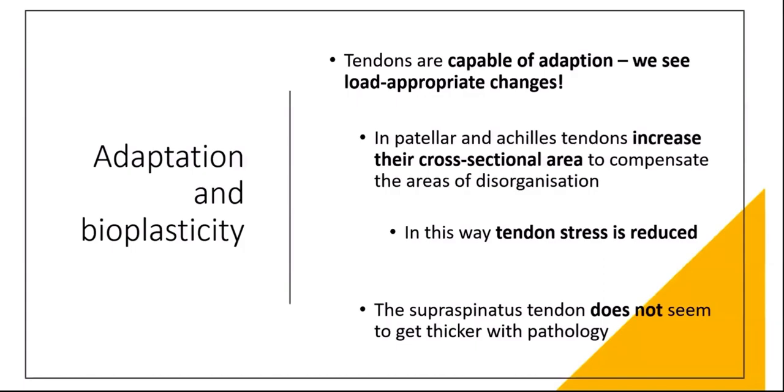On the other hand, this doesn't happen in a supraspinatus tendon. A supraspinatus tendon does not seem to get thicker with pathology. Yeah, you see here again a difference between upper and lower extremity.